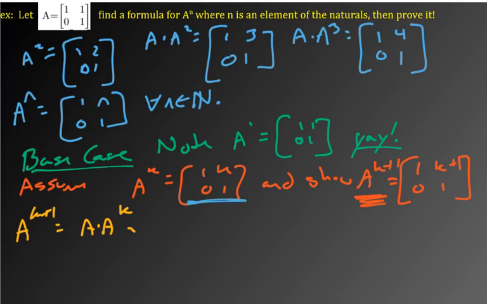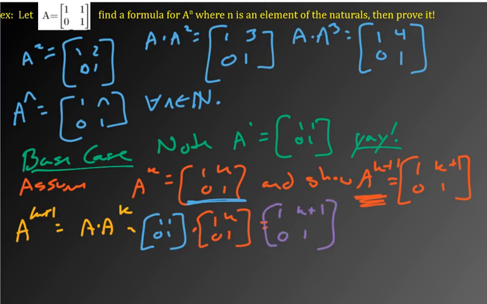So I'm going to put in what A is, 1, 1, 0, 1, and then I'm going to multiply it by 1, k, 0, 1. And if you do that out, right, you get 1, k plus 1, 0, 1. And so again, you've got it.